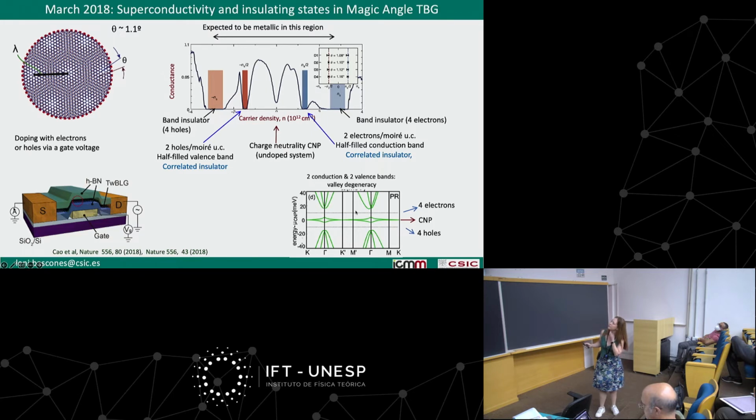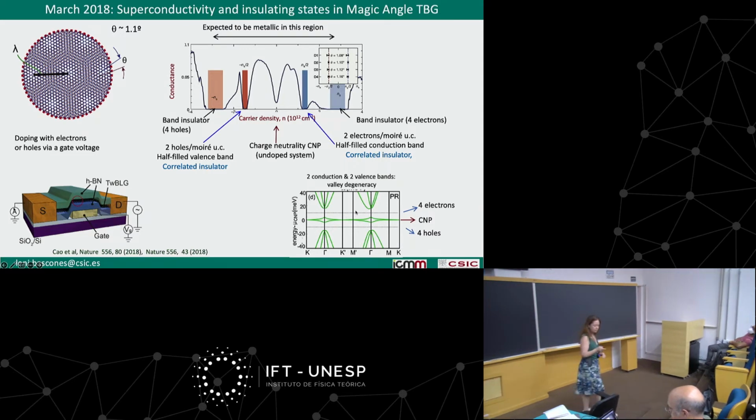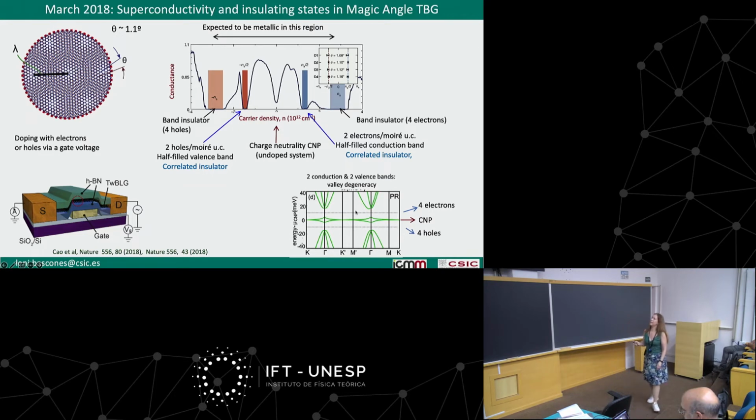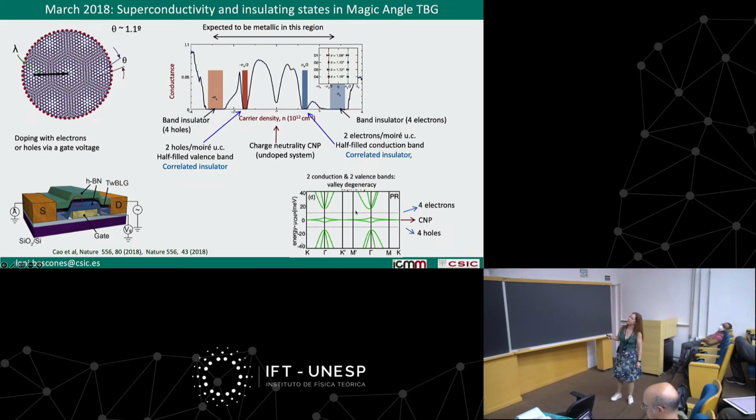In these bands, you can have up to 4 holes, because you have both spin and valley, and in this one, up to 4 electrons. And this here is what is called the charge neutrality point, which is when we haven't changed the number of electrons in our system. Now, what he did was change the carrier density.